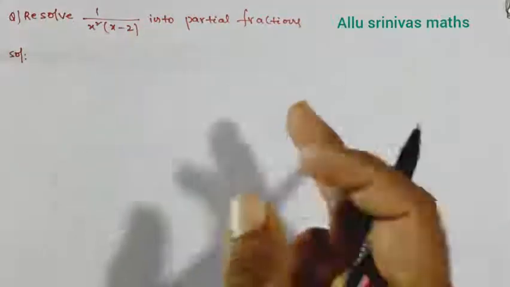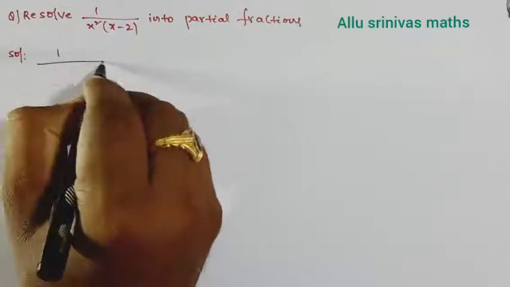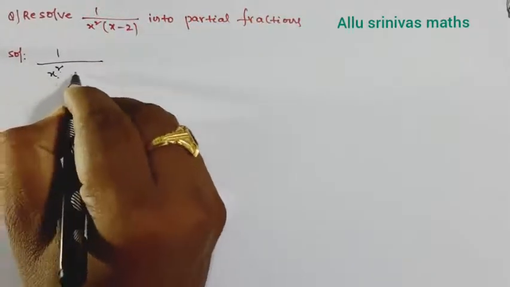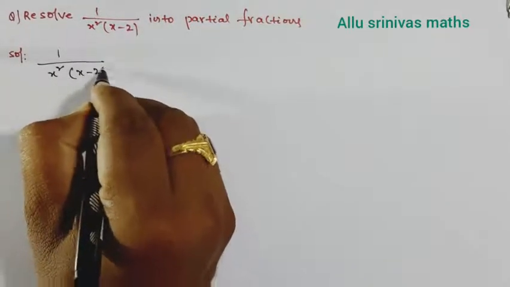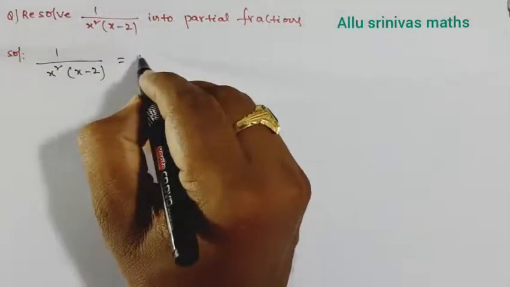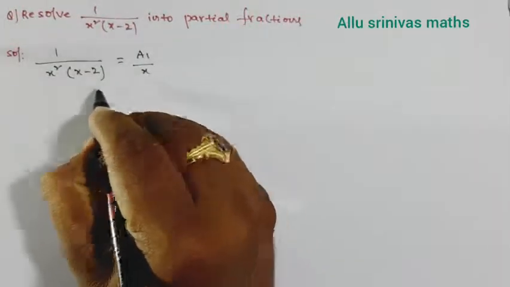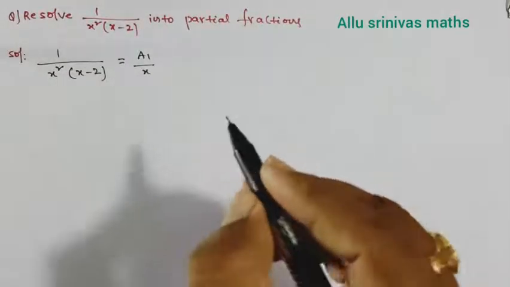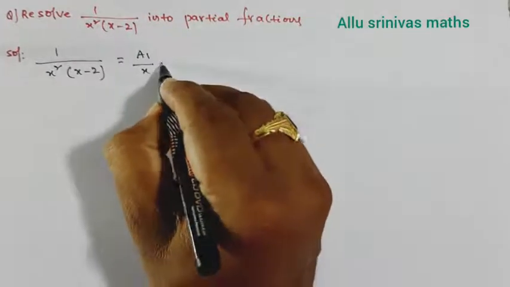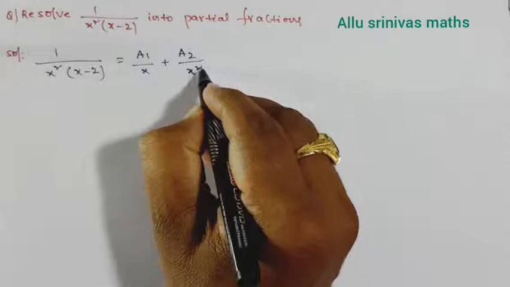So let us write the parts of the partial fractions. 1 by x square into x minus 2. X square is a repeated linear factor. It contains two constants, that is a1 by x, which is also written as x plus 0 whole square, plus a2 by x square.